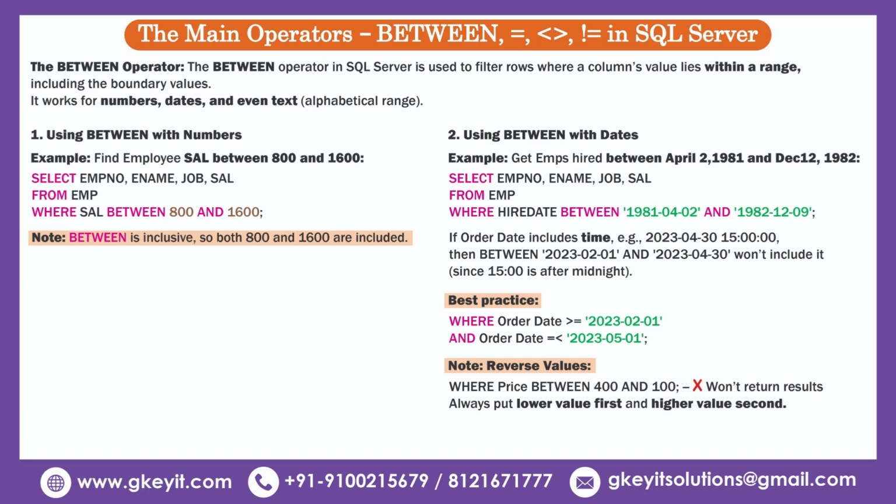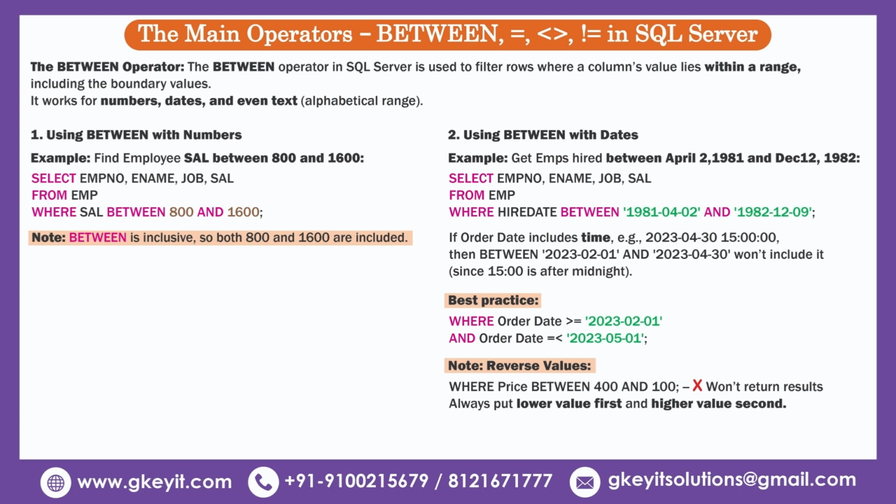There is a note here: if the date includes time, for example 15 hours, 0 minutes, 0 seconds, the between operator with these two dates won't include it, because 15 hours is after midnight.